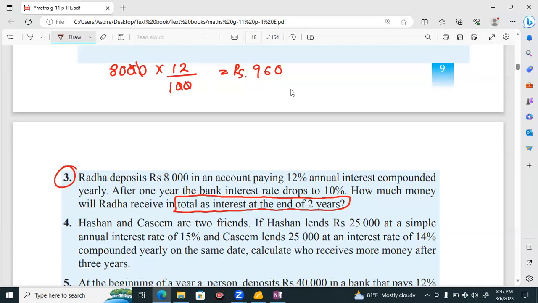Then 8,000 into 112 upon 100 into 10 upon 100. This is the interest for the second year. This calculation gives the interest for the second year.